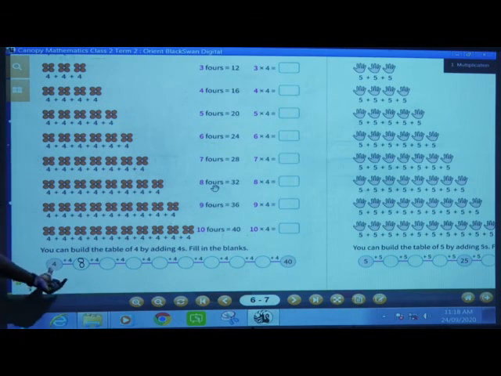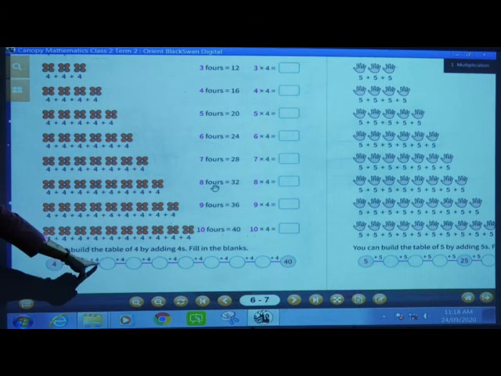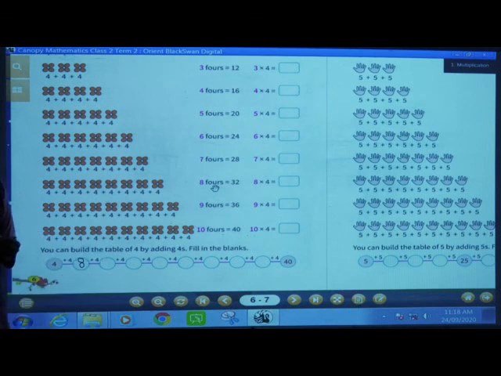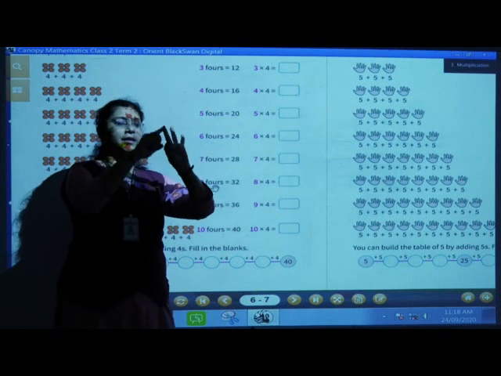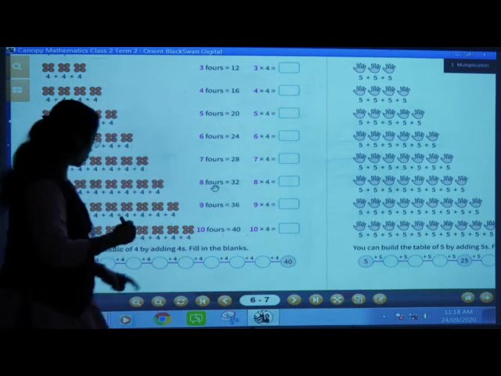Means 4 ones are 4. Here 2 times 4. Therefore 4 twos are 8. If we add this 4 to this 8, what will we get? After 8 you have to count 4 fingers. After 8, 9, 10, 11, 12.